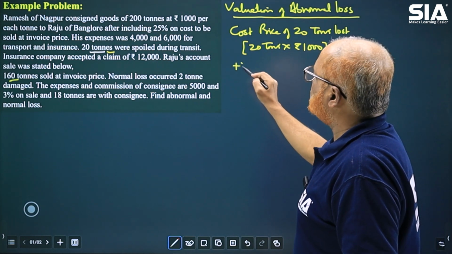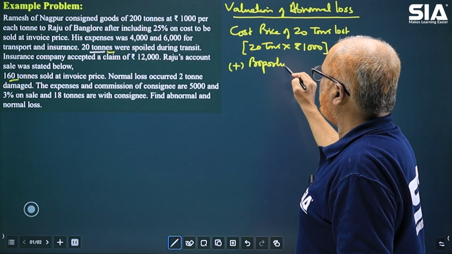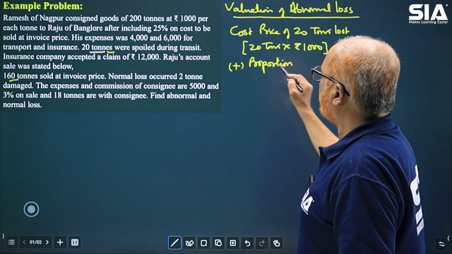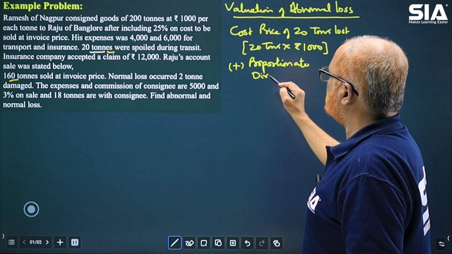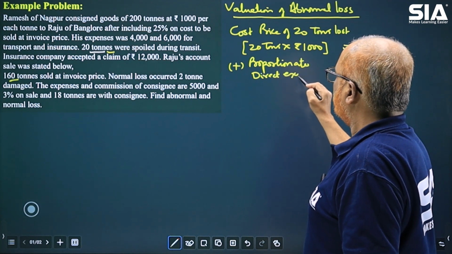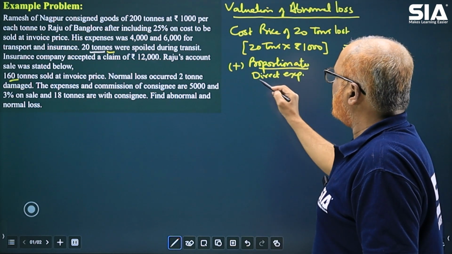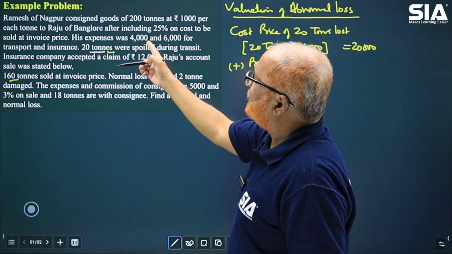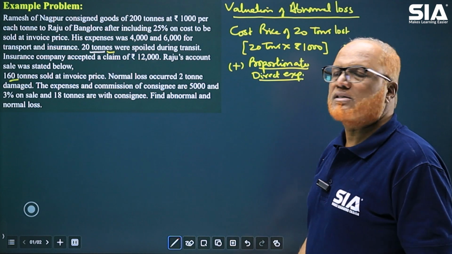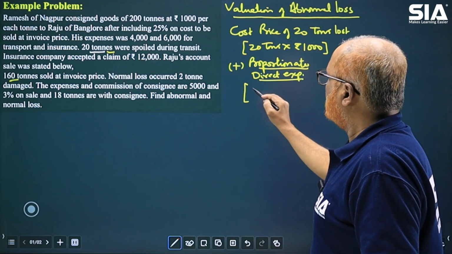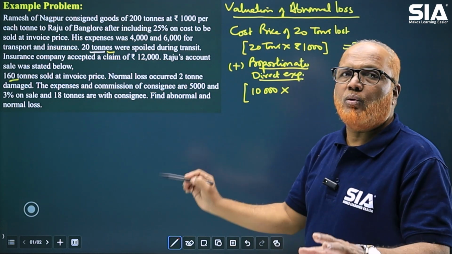Add proportionate direct expenses incurred by the consignor. So the consignor has spent how much expenditure? 4,000 and 6,000, transport and insurance. 4,000 plus 6,000, 10,000. 10,000 is the total expenditure incurred on all the goods.